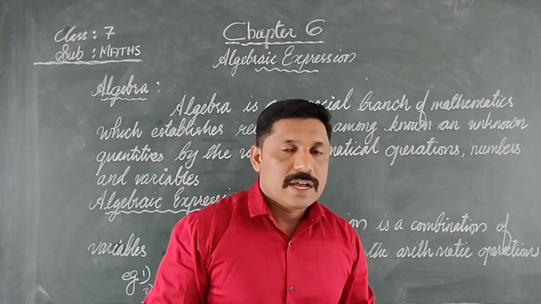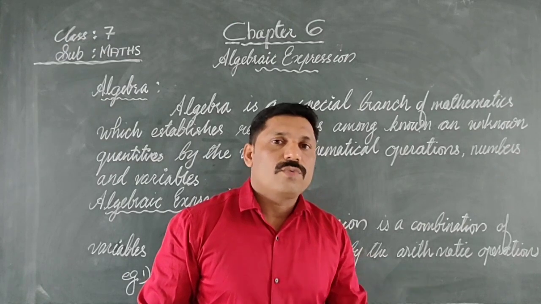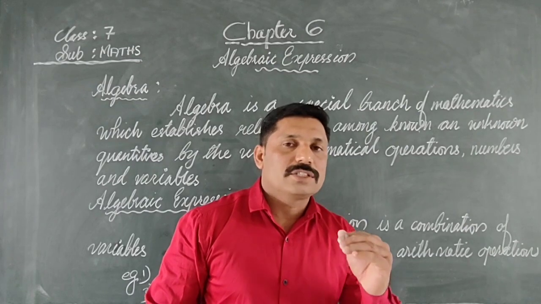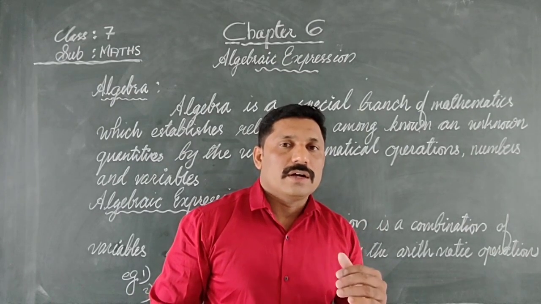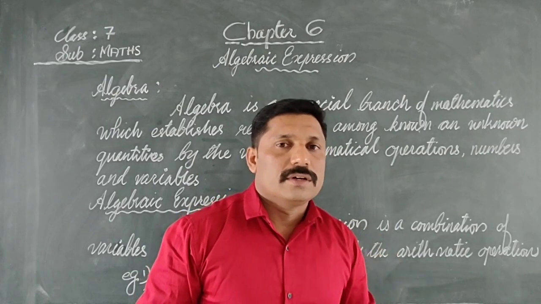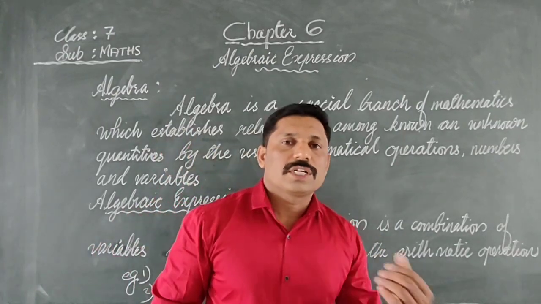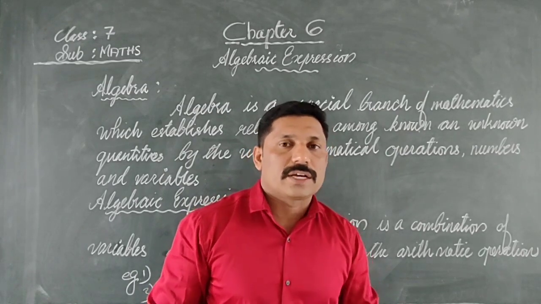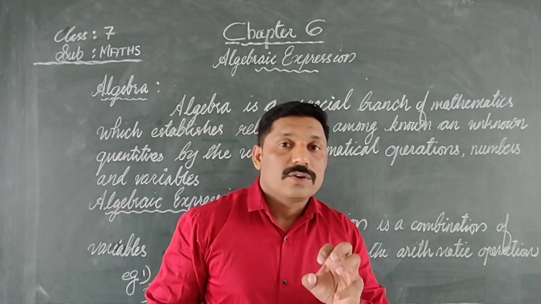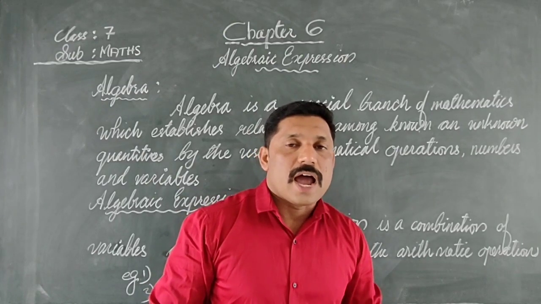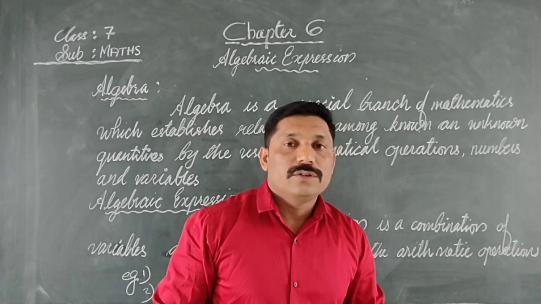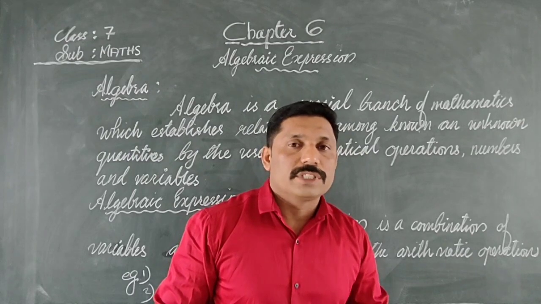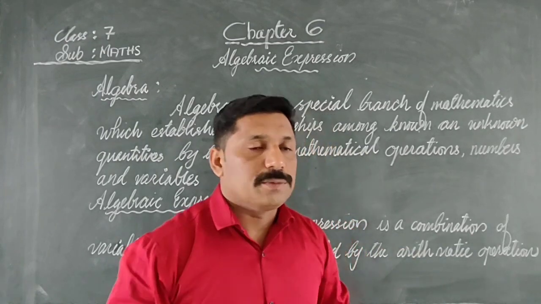A constant means any known value, a particular number whose value is fixed. So constants and variables combine with each other. An algebraic expression is a combination of variables and constants by the use of the 4 arithmetic operations like addition, subtraction, multiplication or division.